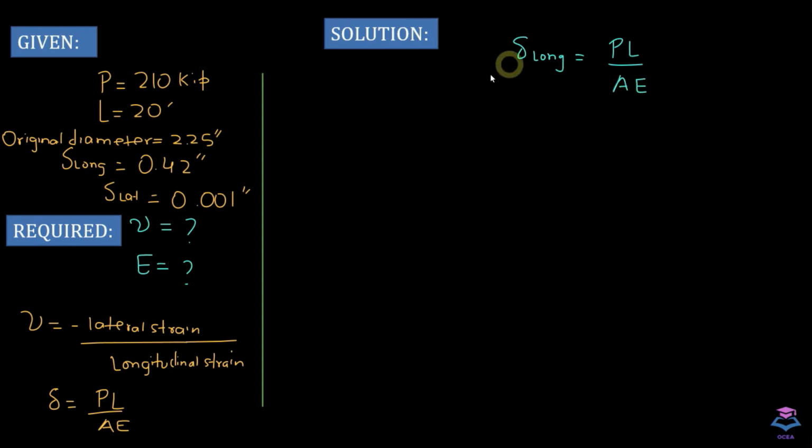So delta longitudinal is given as 0.42 inch, and P is equal to 210 kip, and L is equal to 20 feet. We need to convert it into inches. To do that, just multiply it by 12 and it's equal to 240 inches.